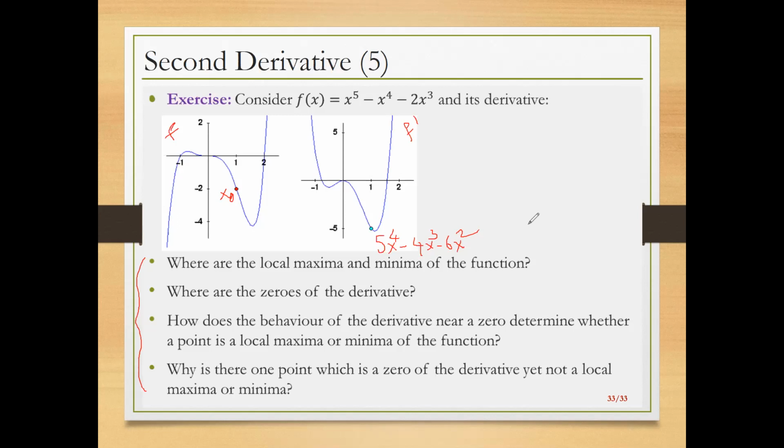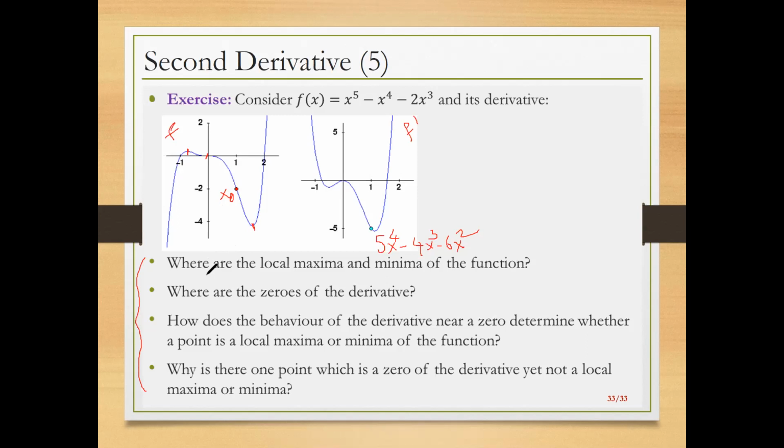Without using the derivative approach, visually, this would be a local maxima, and this would be a local minima. And this is a stationary point.